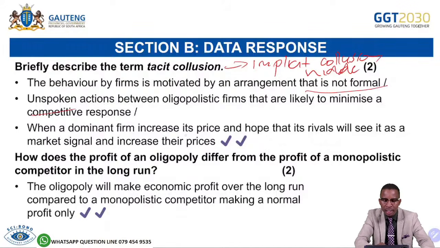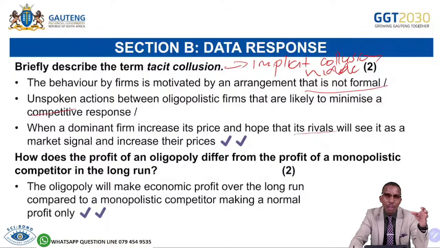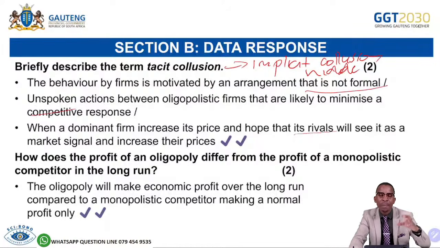Dominant firms increase the price and hope that rivals will see it as a market signal and increase their prices. So implicit collusion refers to the collusion that occurs when firms copy each other's strategies without any formal agreement, without any formal discussion. So we call that implicit or tacit collusion or hidden collusion.